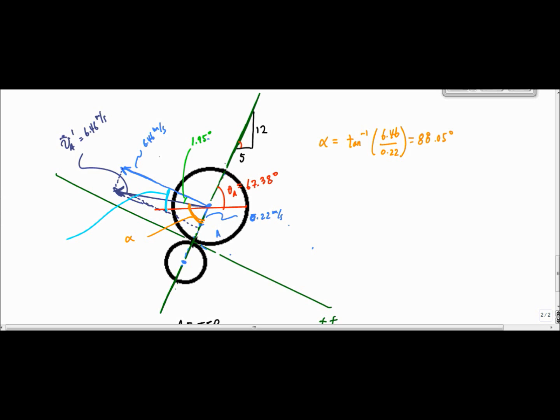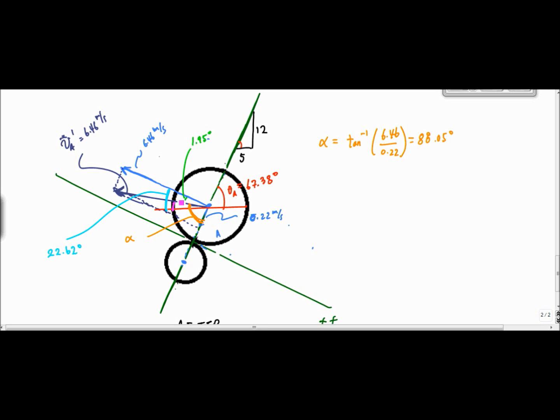90 minus 67.38. Did I calculate this before? It's 22.62 degrees right here. And that makes finally this theta A prime, which I will draw in purple. Wow, going through the whole spectrum of colors.